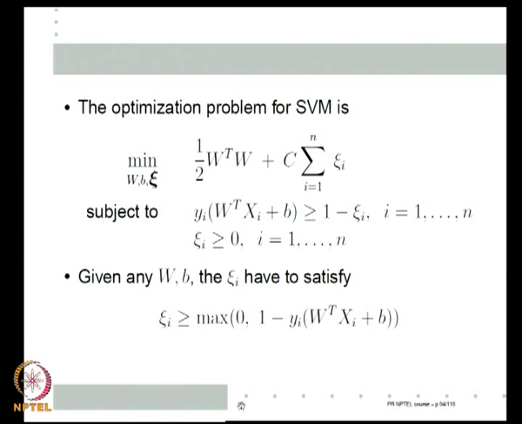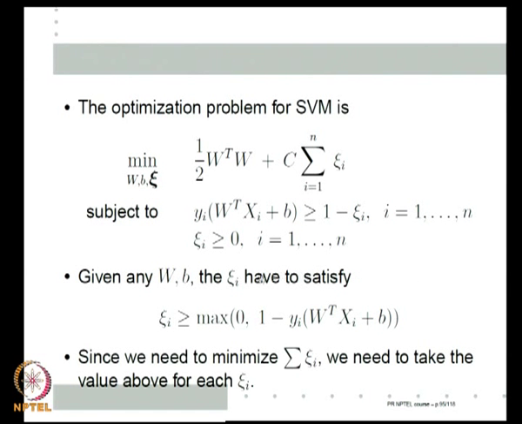So, xi_i has to be greater than the maximum of 0 comma 1 minus y_i (W transpose x_i plus b). Ultimately, I am minimizing summation xi_i. So, as long as xi_i can be anything greater than this, the best xi_i is to simply choose this, because xi_i has to be greater than or equal to this, and I am minimizing summation xi_i.